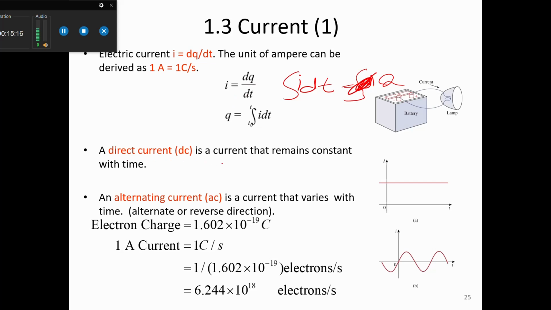A direct current is one that remains constant with time, this is DC current, and alternating current is a current that varies with time, reversing its direction from the positive to negative side and then negative to positive side. This cycle is then completed.